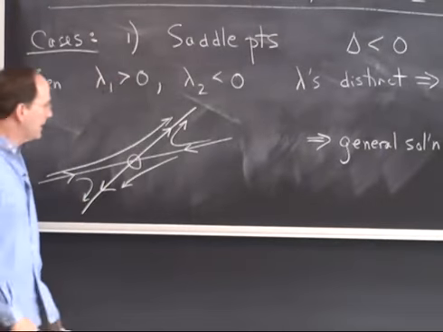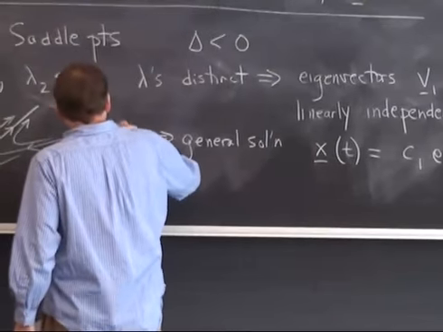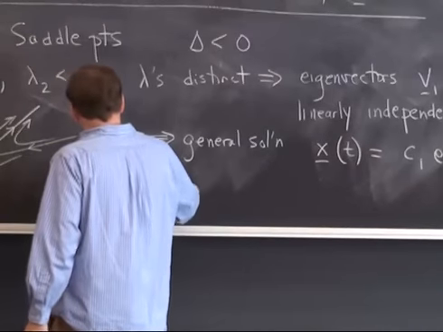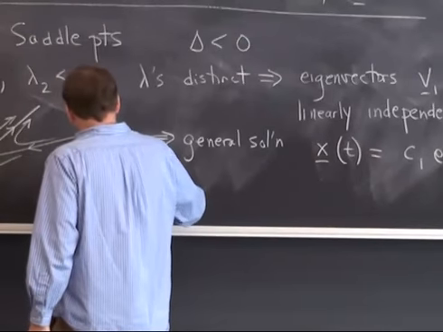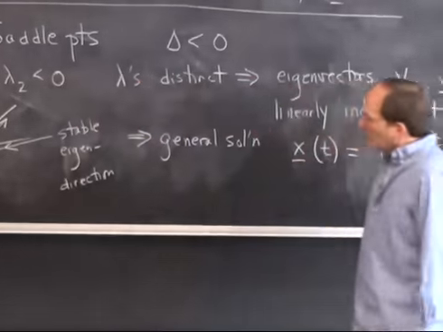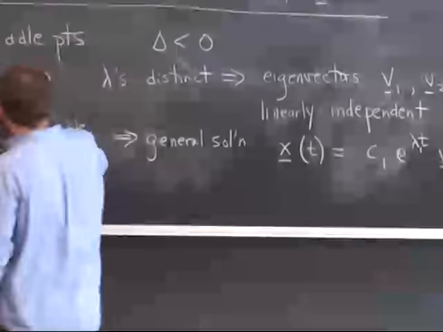We'll sometimes speak of this kind of straight line as being the stable eigendirection. And the other one is the unstable eigendirection.